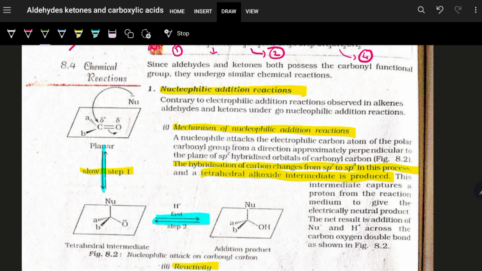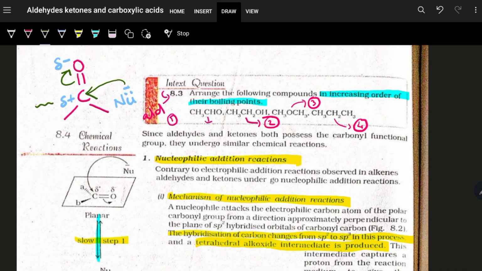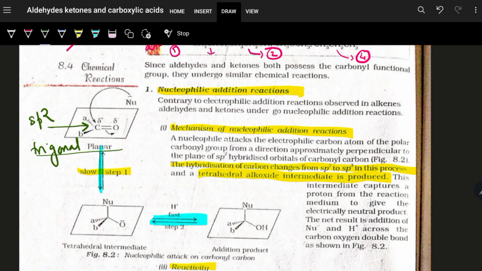So this is the carbon atom, which is sp2 hybridized, and so the structure is a trigonal planar structure. Now the nucleophile is attacking the electrophilic center, delta positive, and oxygen opens up as O minus.